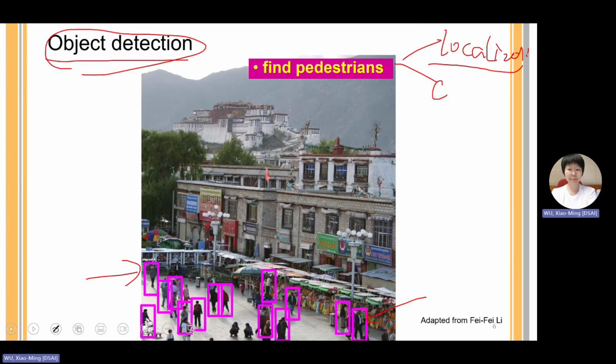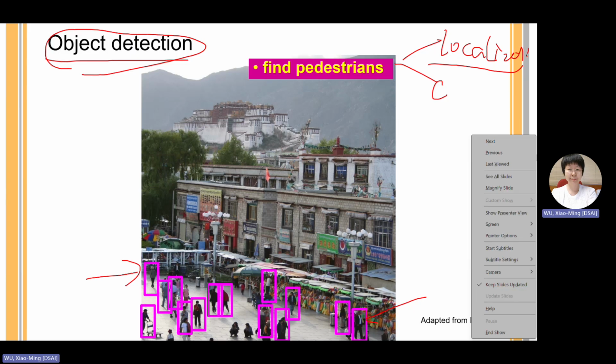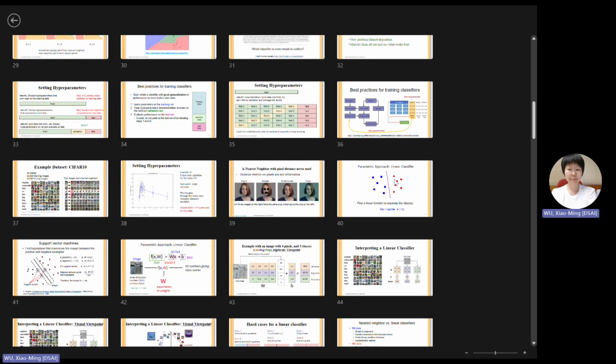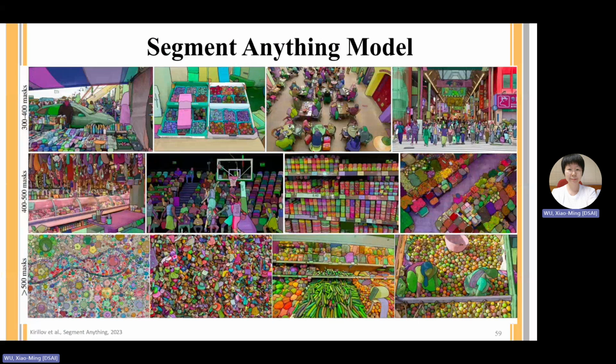Can you name another typical task in CV? For example, Segment Anything. Have you heard of that? It is a tool developed by Meta, called the Segment Anything Model. These are the segmentation results obtained by this model.